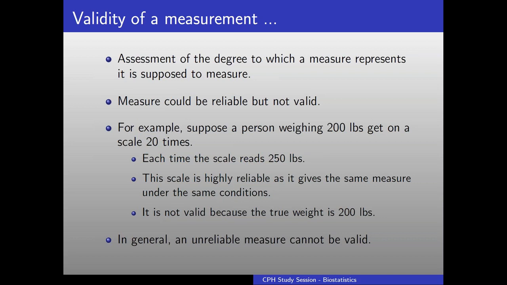This is a highly reliable measure because it is very consistent under similar circumstances. However, this scale is not valid at all because this person really weighs 200 pounds. For this scale to be valid and reliable, it needs to read about 200 pounds every single time.